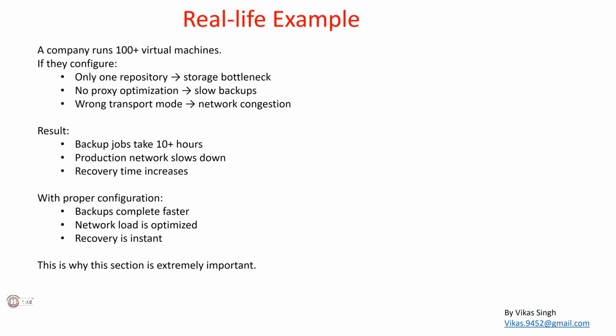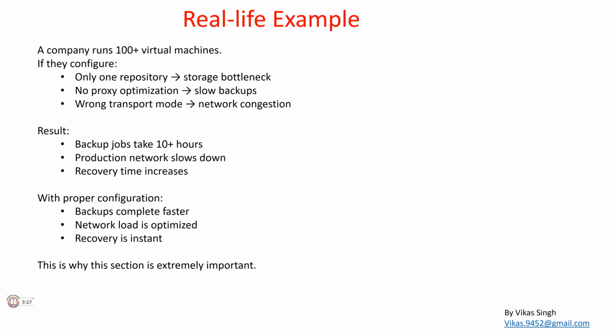Now let's understand this with a real world example. Imagine your company is running more than 100 virtual machines. If they are configured with only one repository, it becomes a storage bottleneck. If the proxy is not optimized, backups will become slow.